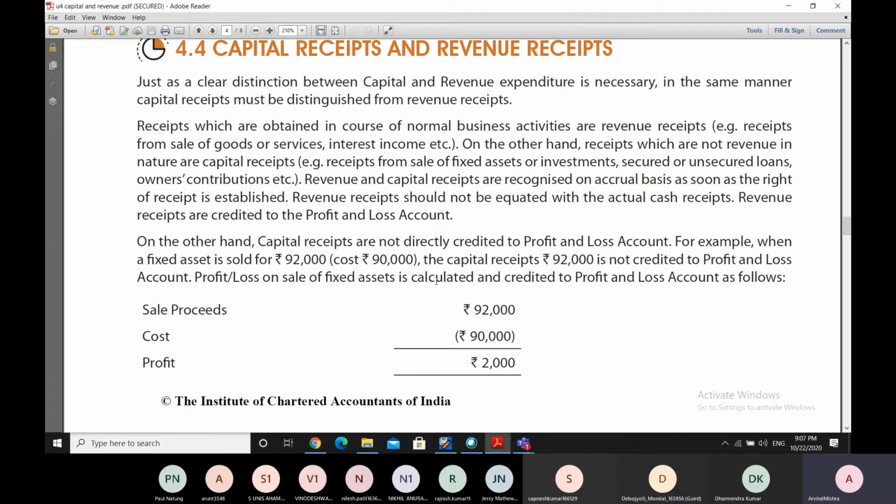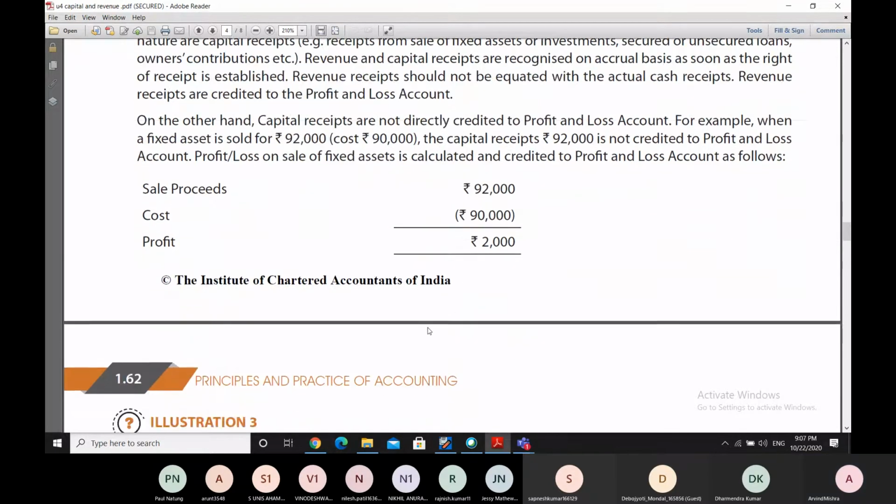And this will be calculated like this: out of the sale proceeds, if the cost of the fixed asset was 90,000, then we reduce the cost from the sale proceeds, and the profit is 92,000 minus 90,000, and that amount would go into the profit and loss account.